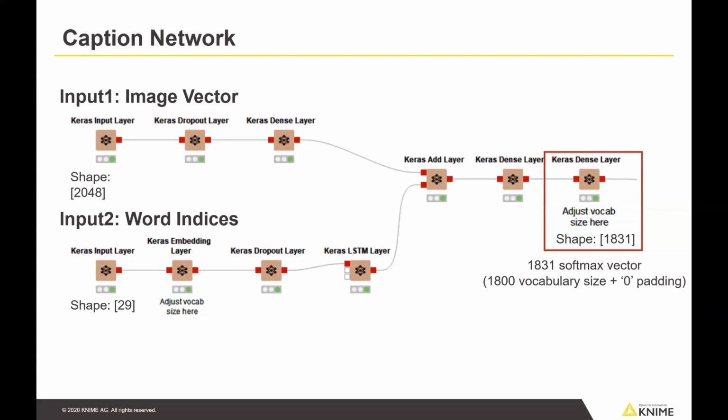In this case, we have 1,830 classes, which is the vocabulary size. Oh, I see there's a little typo. There should be a 3 here, and we have one more class, which is the 0 padding token, which we used for the padding of the partial captions, which we feed into this network here in the bottom branch.